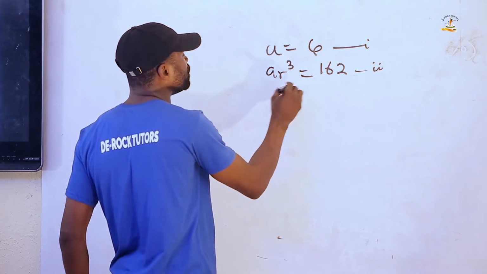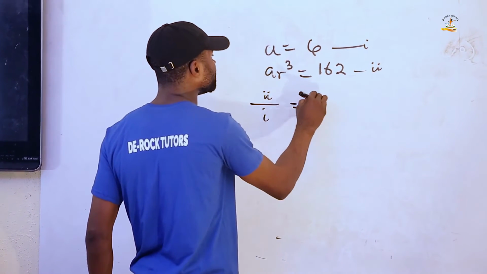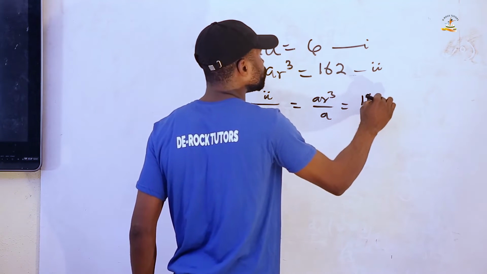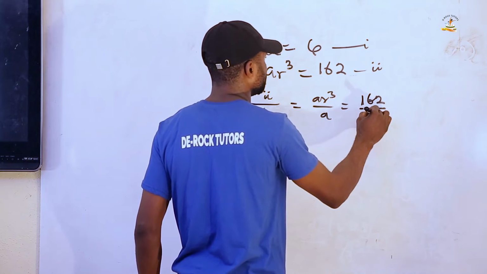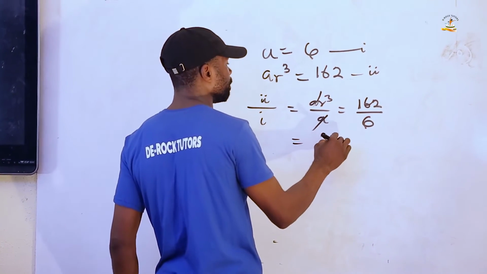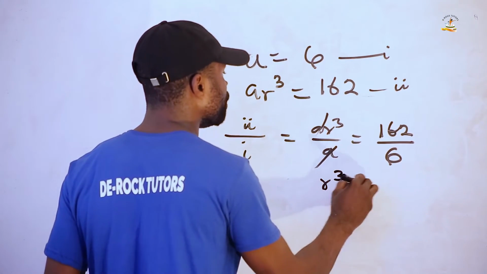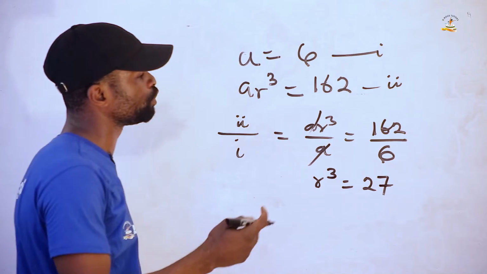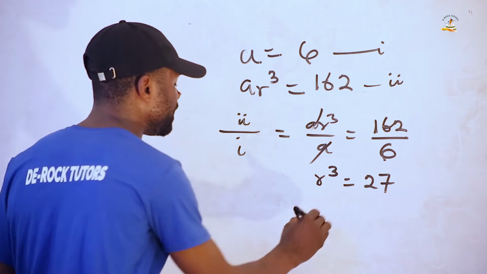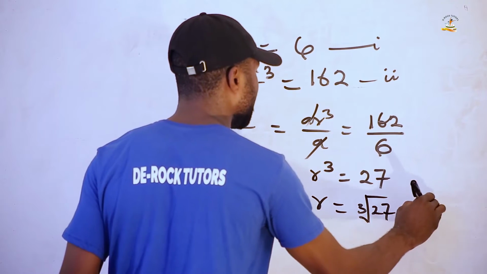Now, here I am going to have the ratio of equation 2 to 1 in this form, which is AR cubed over A equal to 162 over 6. This will cancel this, and this implies that R cubed equal to 27, because 162 over 6 is 27. Which now implies that R is equal to the cube root of 27, and R is equal to 3.